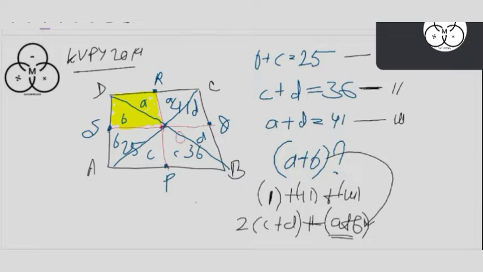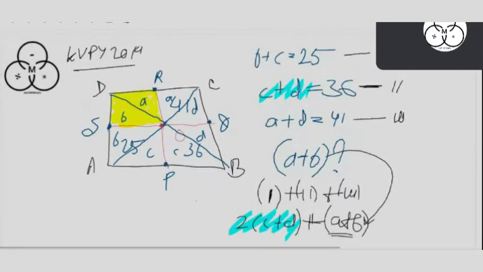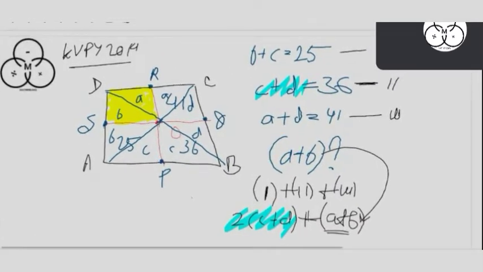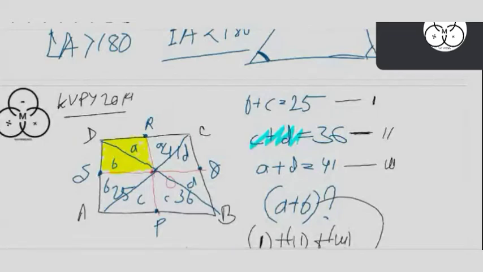Now we have the value of C plus D. We will put it and get the values. So this was an easy question based on the idea of base division, which is nowadays really important.